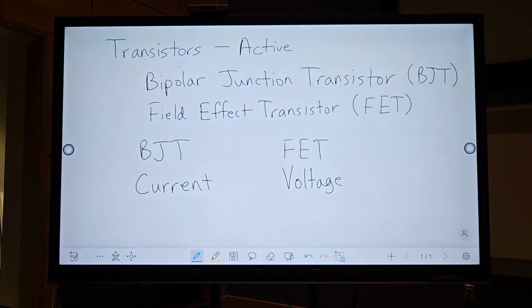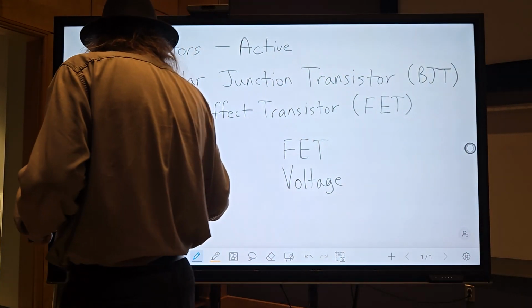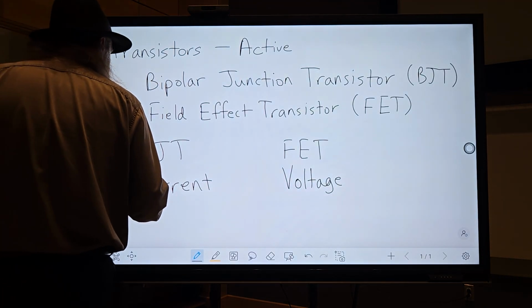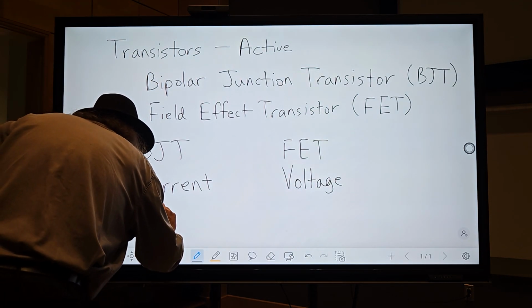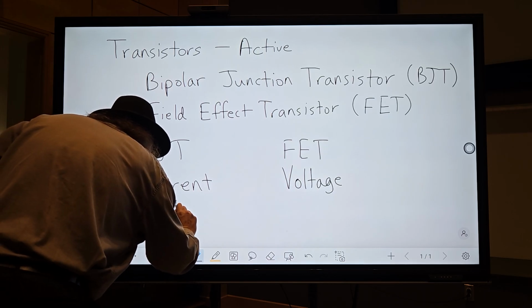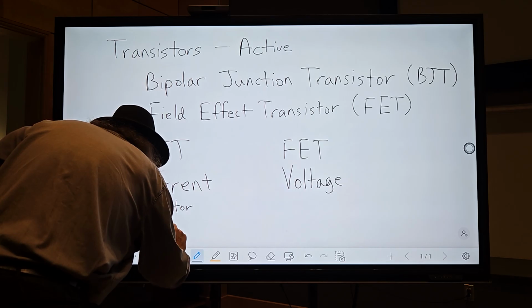A transistor has three connectors, three connections. For bipolar junction, they are the collector, the base, and the emitter.